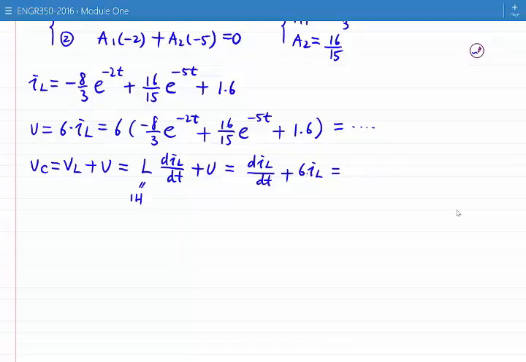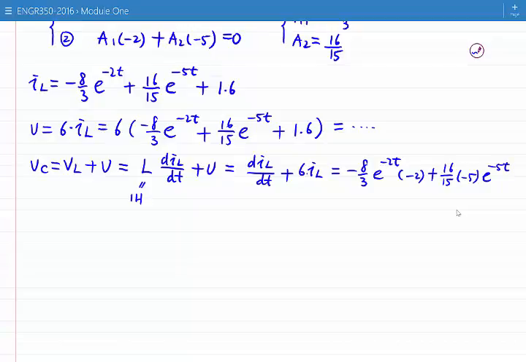It is minus 8 over 3 e to the power of minus 2t times minus 2, plus 16 over 15 times minus 5 e to the power of minus 5t.